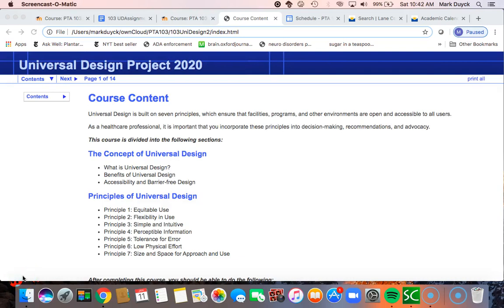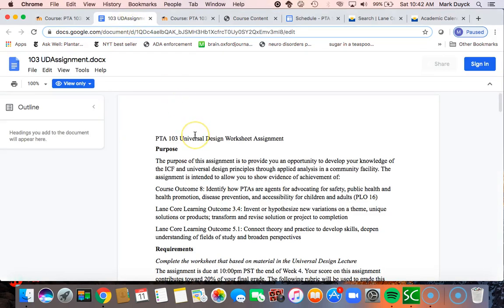So as you look at this Universal Design project for 2020, I want to be sure that you understand what's expected of you and why looking at this assignment in conjunction with your actual Universal Design worksheet assignment would be a really good idea.